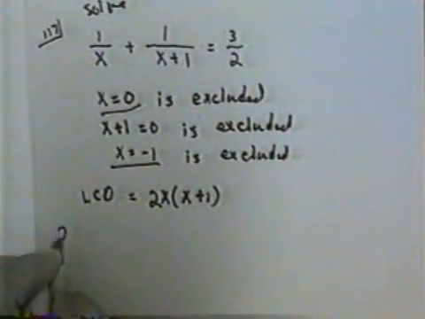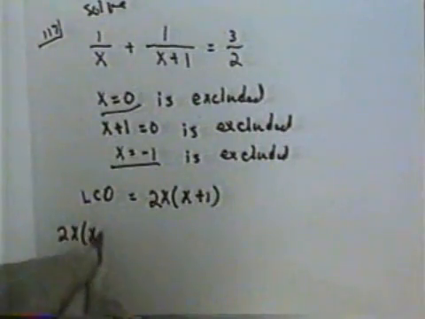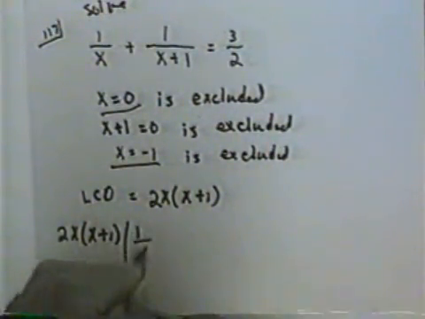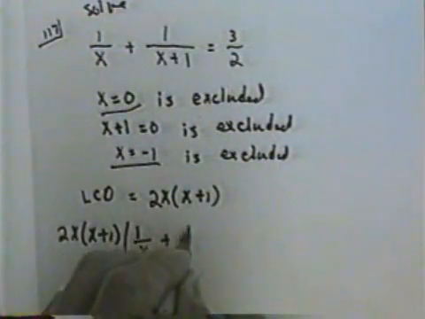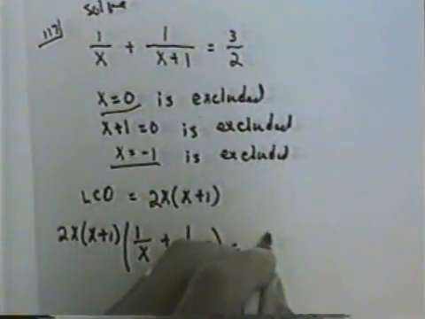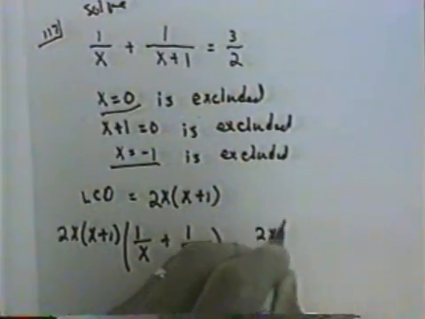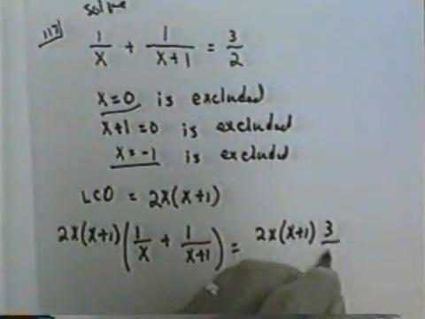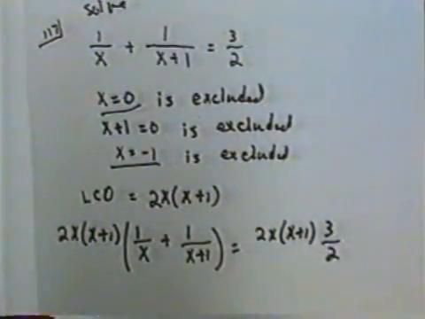So I say 2x times x plus 1 times 1 over x plus 1 over x plus 1 is equal to 2x times x plus 1 times 3 over 2. So I multiplied both sides by the common denominator.